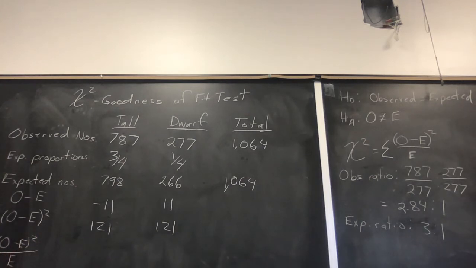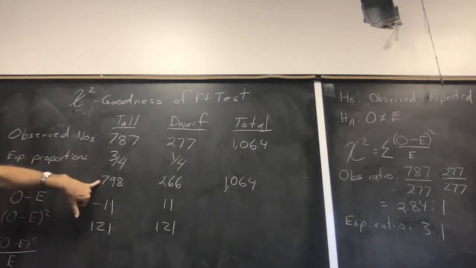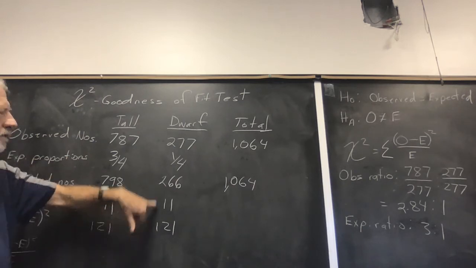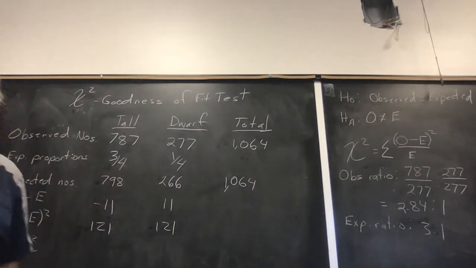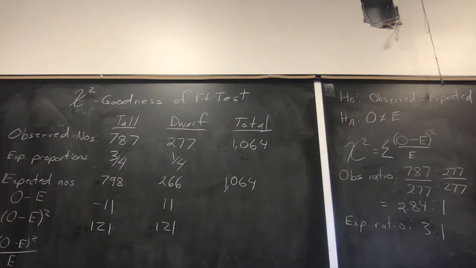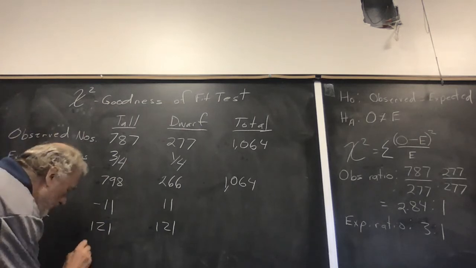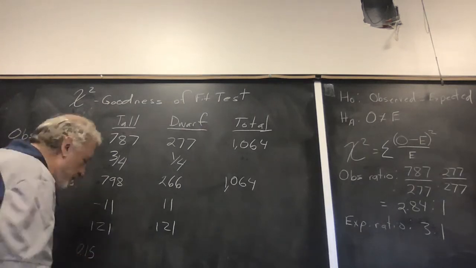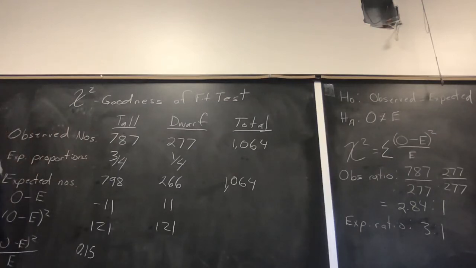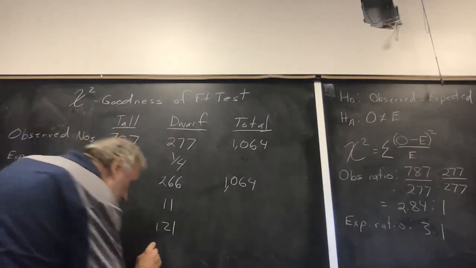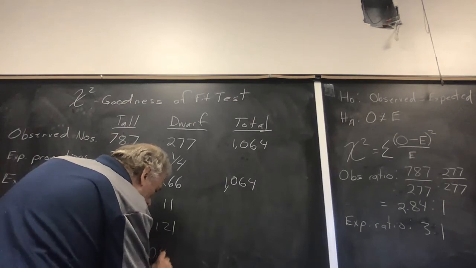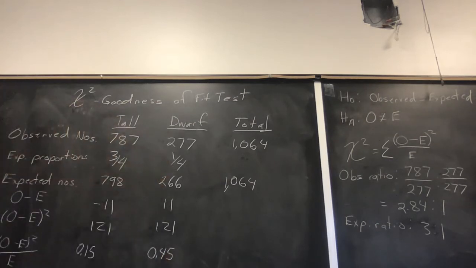And then to make the numbers smaller again, we take the squared numbers and divide them by the expected. So 121 divided by 798 in this column, 121 divided by 266 in this column. And that gives us a 0.15 in the first column and a 0.45 in the second column.